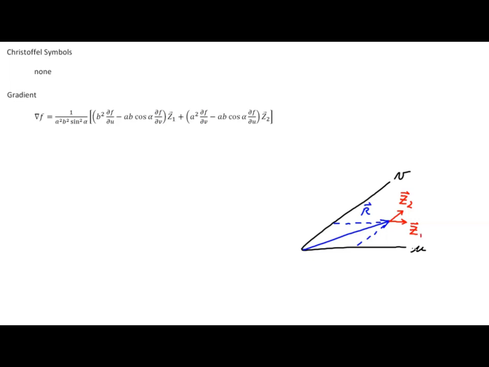The z1 basis vector is parallel to the u-axis, and the z2 basis vector is parallel to the v-axis. So this time we'll construct a vector that starts from the origin and goes to this point, and that's going to be equal to the coordinate value of u in the direction of the z1 basis vector.